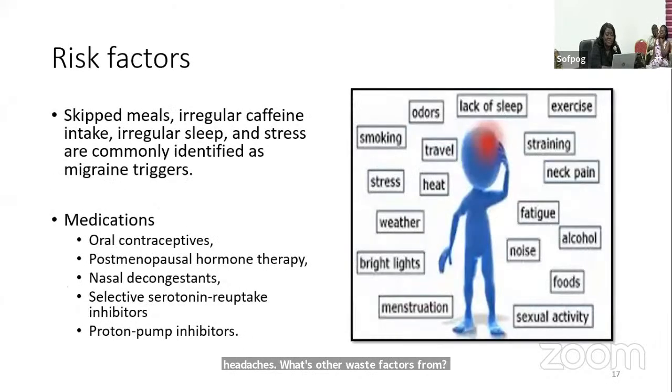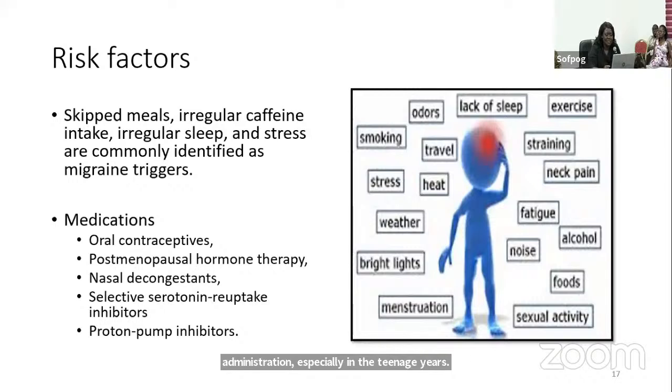So risk factors for migraine headaches actually involve odors, lack of sleep or having an irregular pattern of sleep, exercise, smoking, travel, straining, being under a lot of stress, having neck pain, frequent changes in weather, fatigue, drinking alcoholic beverages, having bright lights, and then just before or during menstruation, especially in the teenage years.